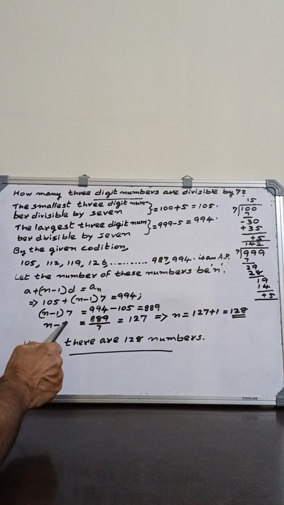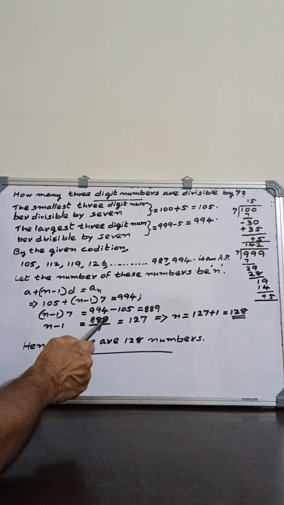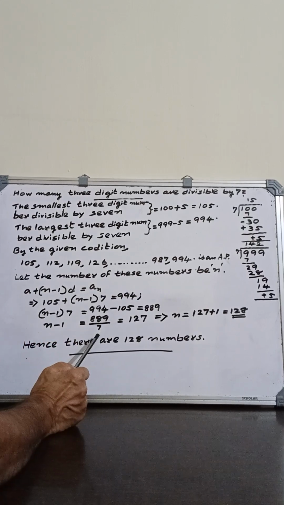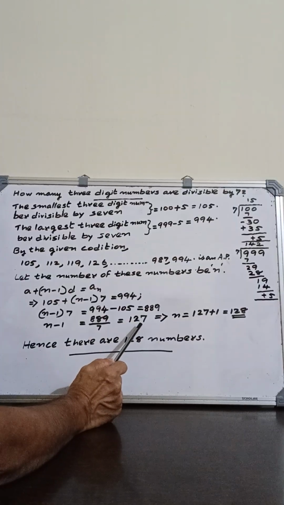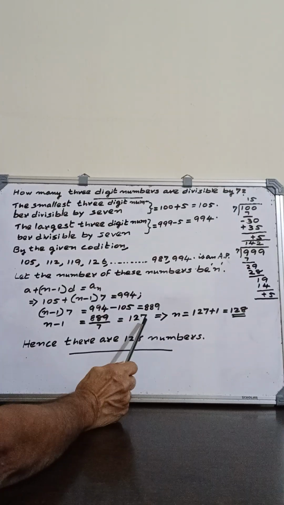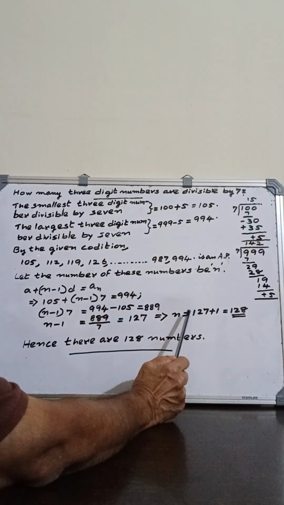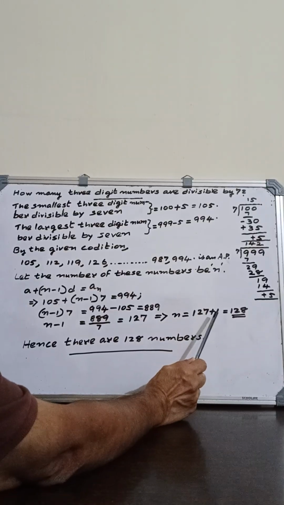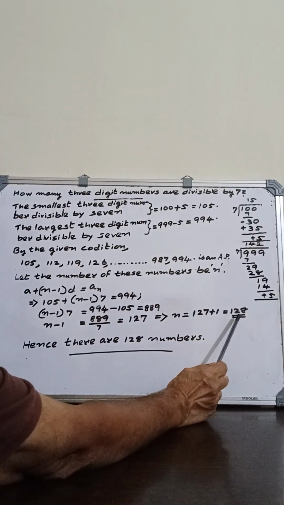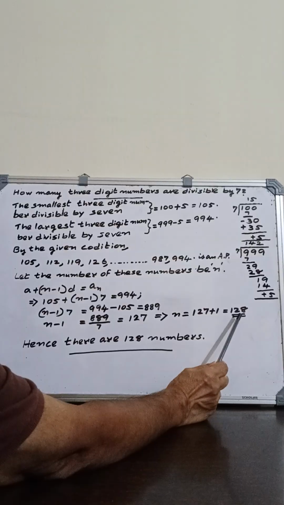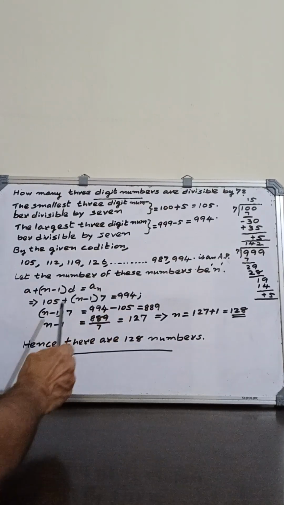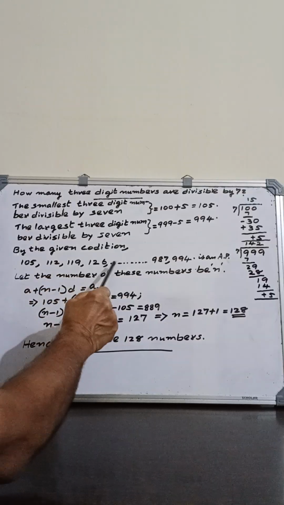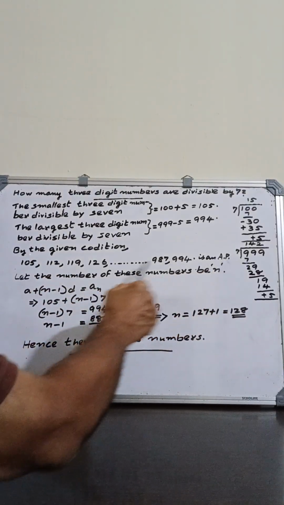Therefore, n minus 1 equals 889 by 7, which gives 127. Therefore, n equals 127 plus 1 equals 128. Thus, n is 128. N means the number of terms in this AP sequence.